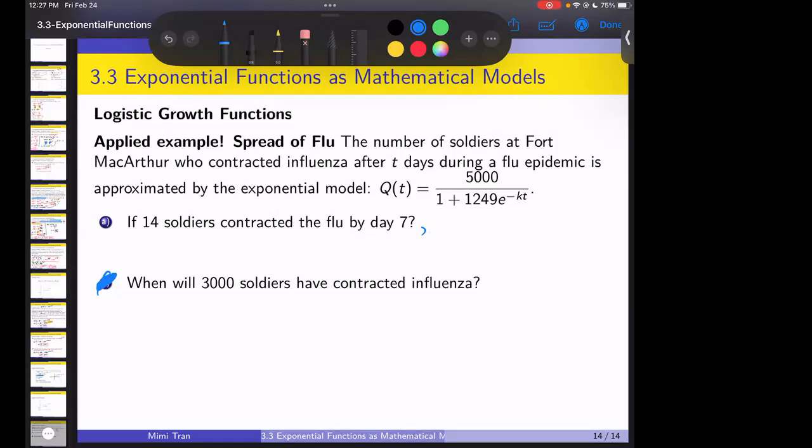Okay, so what is the ultimate question I want to answer here? You need to know what you're looking for first, and then you go back and ask, what do I have, what do I not have? So what's the ultimate question I'm answering here? Is it time or the number of soldiers affected?